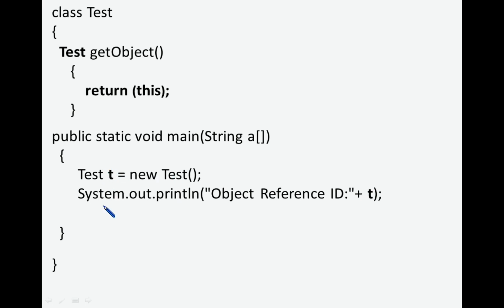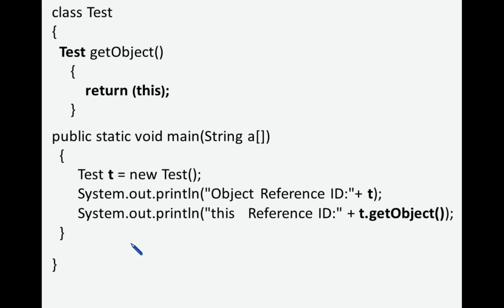Now we are going to check the value with this getObject method. How to invoke the getObject method? Yes, first is object name dot method name. What is the method here? getObject. The output of these two statements will be the same, because here we are referring to the same object.